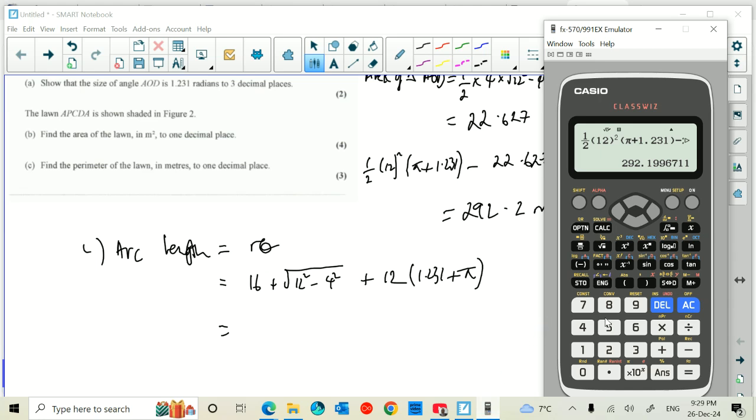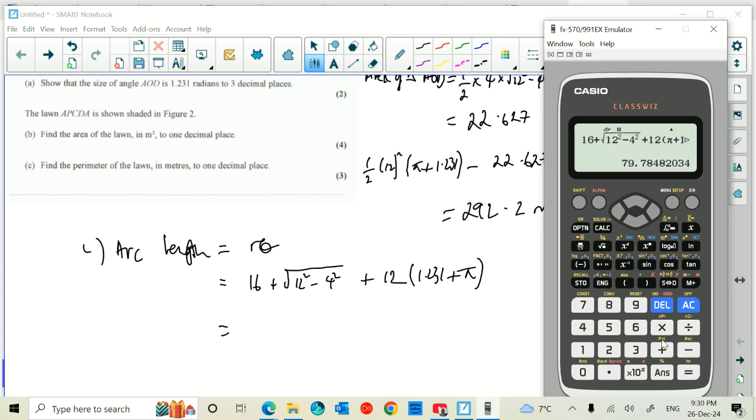So that will be 16 plus, again, the root of 12 squared minus 4 squared, and then we've got to add r theta: 12, then shift pi plus 1.231, and let's press equals.